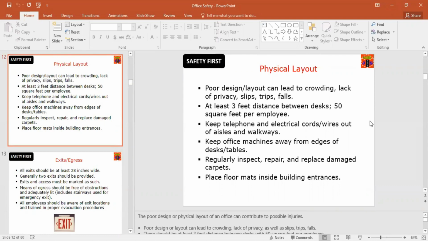At least 3 feet distance between desks, 50 square feet per employee. Keep telephone and electrical cords and wires out of passages and walkways. Keep office machines away from edges of desks and tables. Regularly inspect, repair and replace damaged carpets. Place floor mats inside building entrances. These are the requirements that need to be fulfilled in the office area.